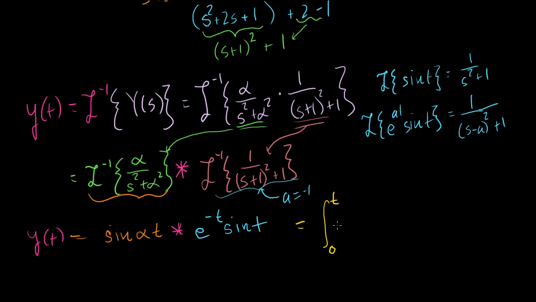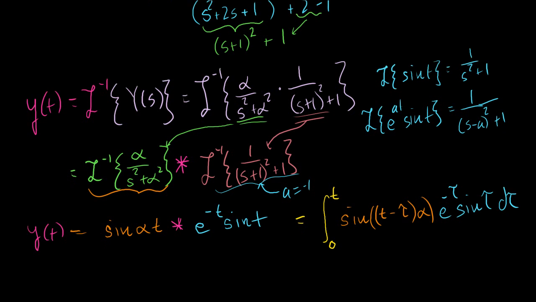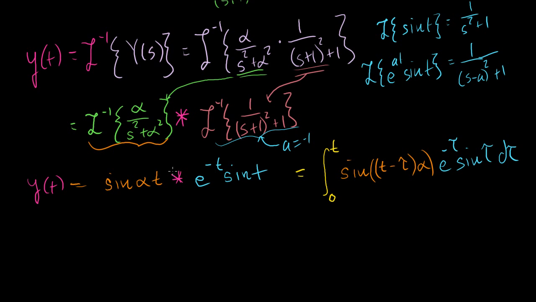So I could write this as sine of alpha times t minus tau, I'm taking the sine of all of those things, times e to the minus tau sine of tau d tau. That's one way that, if I wanted to express the solution of this differential equation as an integral, I could write it like that. And it actually should be kind of obvious to you that this could go either way.